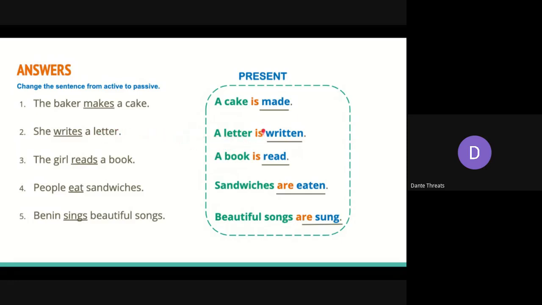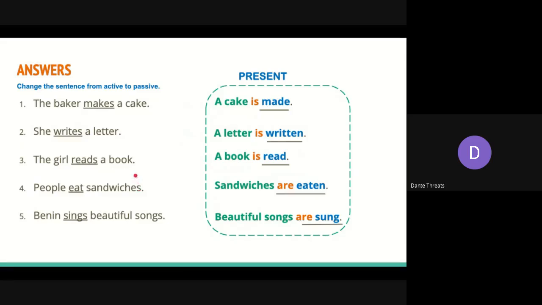So we add is, and then we take the verb and we change it to the participle, right? And from our last grammar video, you should know what some of these past participles are, right?